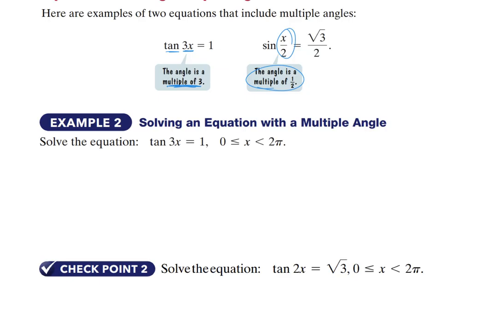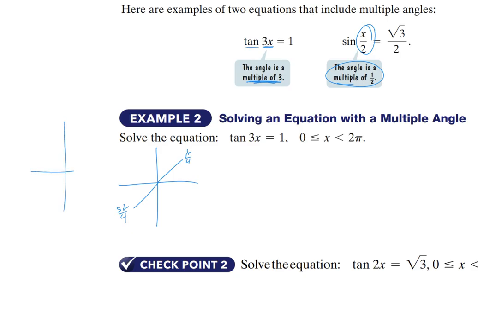So when does tangent equal 1? We're going to look at our unit circle. Tangent equals 1 when sine and cosine equal each other. That happens at pi fourths and 5 pi fourths. Now, if you think back to the way we did the tangent graphs, they have a period of pi.